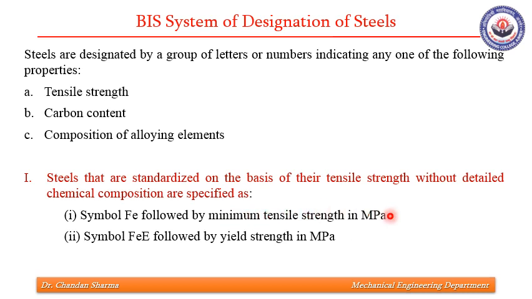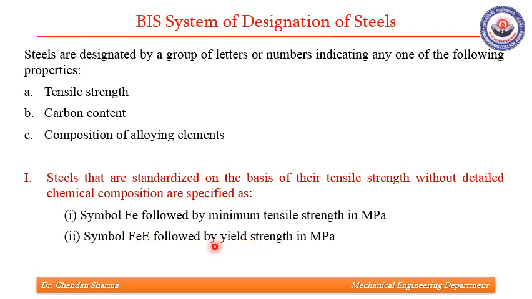For example, if I designate Fe 400, that means it is a steel and 400 is its ultimate tensile strength. If I put the letter E between Fe and the numerical value, the numerical value followed by E will represent its yield strength.